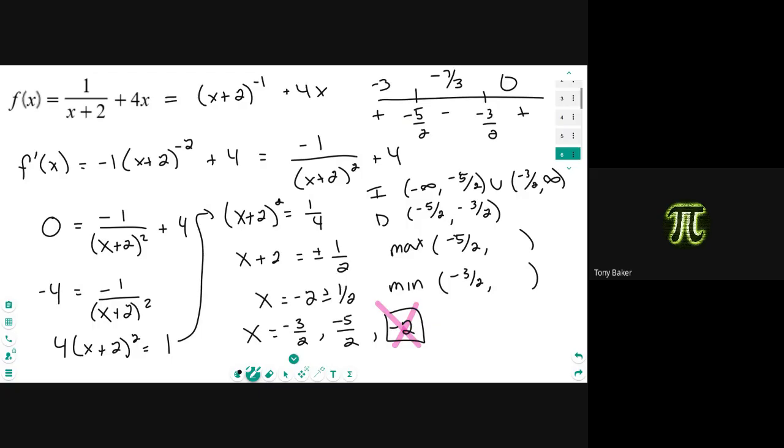No, you're plugging the -5/2 and the -3/2. So when you're looking for the increasing and decreasing, you're plugging those three numbers into the F prime of X. When you're looking for the minimum and maximum values for the Y value, you're plugging those critical numbers back into the original problem to find out where the point exists. Oh, no worries. You're fine.